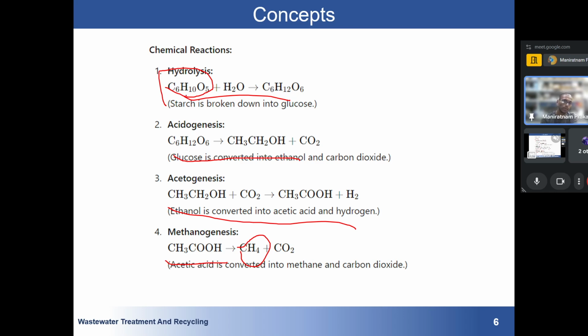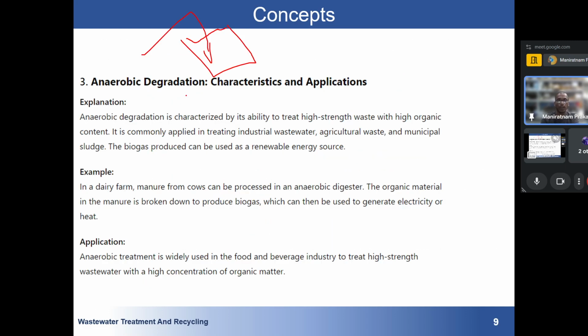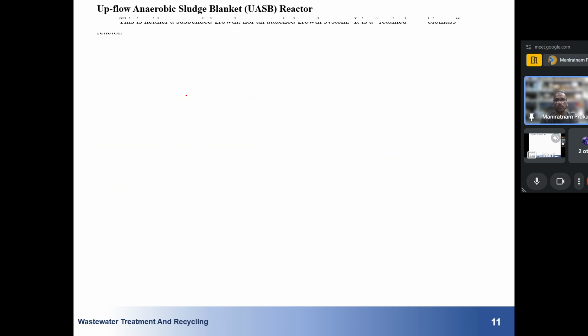I have chosen one example also: if you go through some books, like Metcalf and Eddy, you can see that nothing is happening to nitrogen, it is as it is. Only carbon is getting converted into methane, but nitrogen is not getting reduced, and similarly for phosphorus.